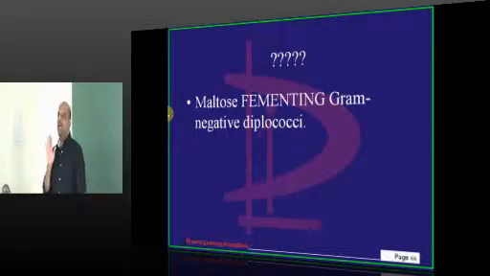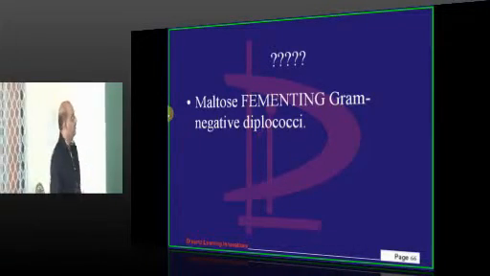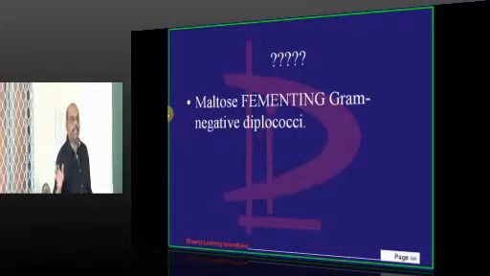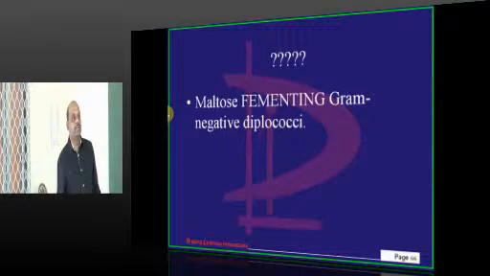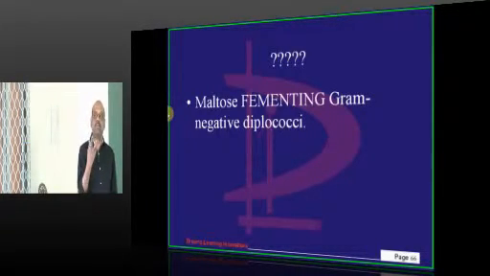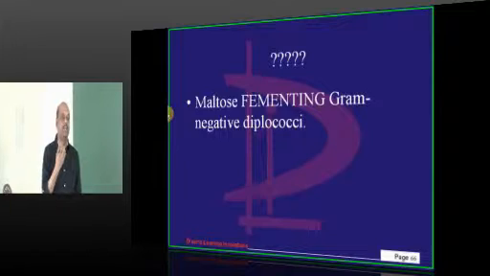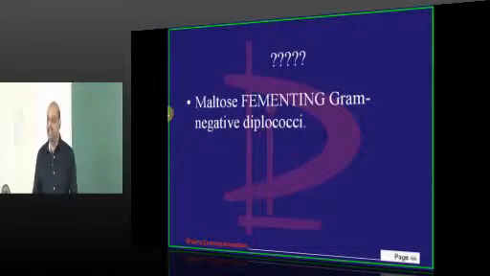Give me one loud answer. Maltose fermenting gram negative diplococci are which organisms? One loud answer. Microbiology, those 15 marks are going to creep into the crevices of your brain. Who will give me the correct answer?